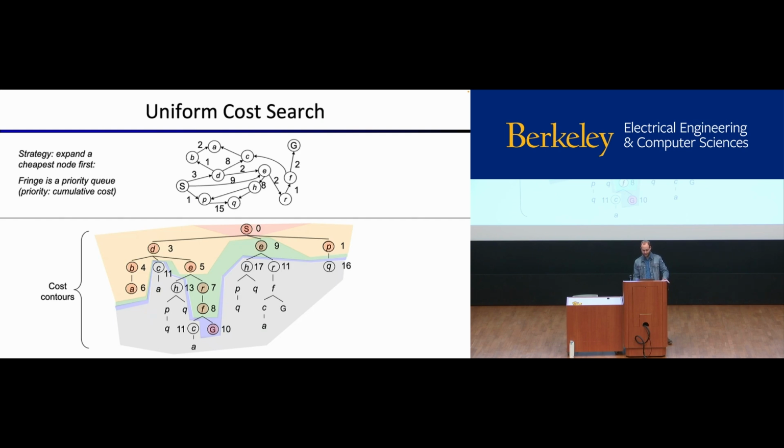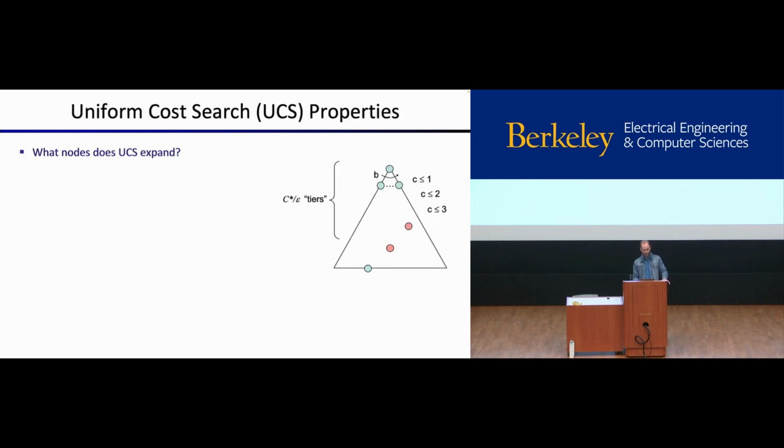And the gray you never have to get to. So here are some properties of uniform cost search. Which nodes does it expand? This is just a schematic, but you're going down from the top, but not necessarily evenly. And maybe actually, even though it takes more actions to get there, the actions have lower cost.